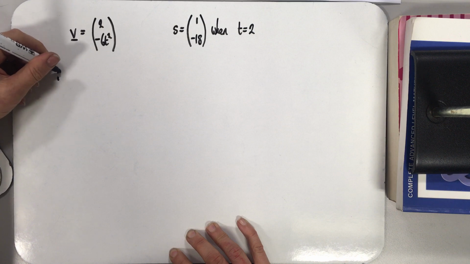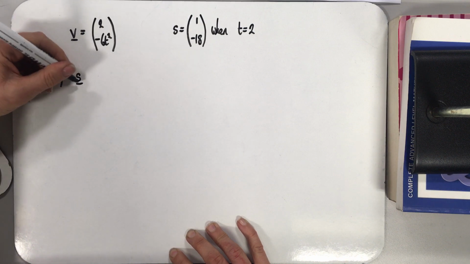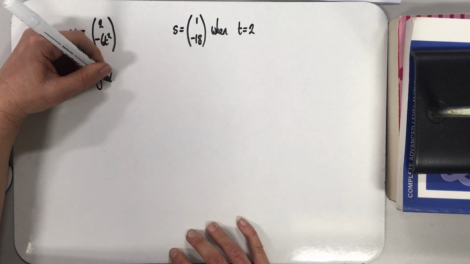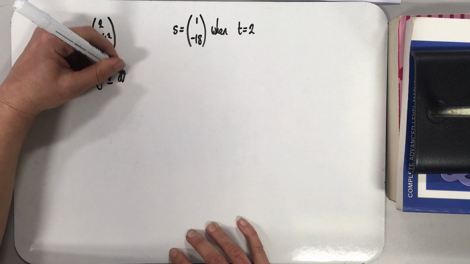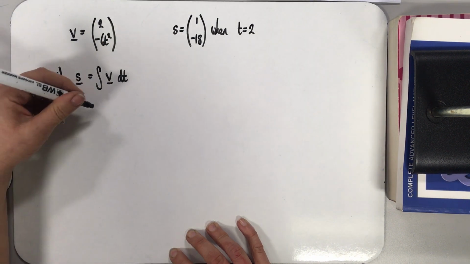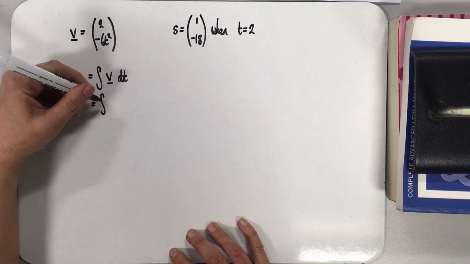So to get from velocity to displacement, we need to integrate. So displacement is the integral of the velocity with respect to time. And so we're looking at integrating a vector.